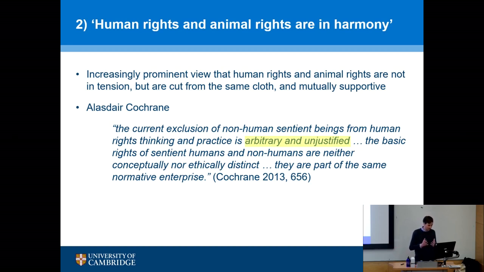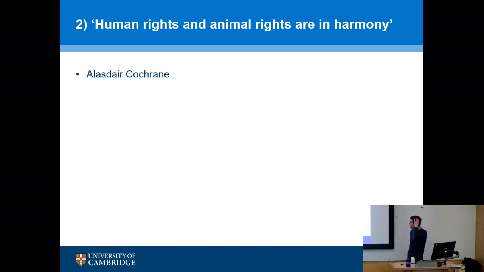So this seems arbitrary and unjustified to exclude all animals. Then he goes on to say, the basic rights of sentient humans and non-humans are neither conceptually nor ethically distinct. Right? They're cut from the same cloth, if you like. They're part of the same normative enterprise. Why does he think that? Why does he think human rights and animal rights are part of the same normative enterprise?